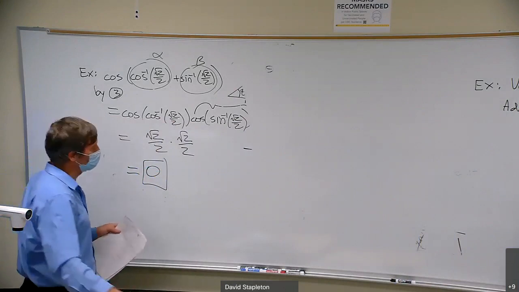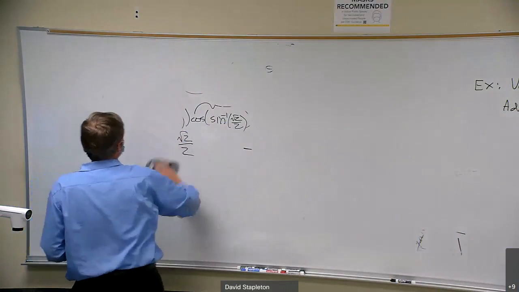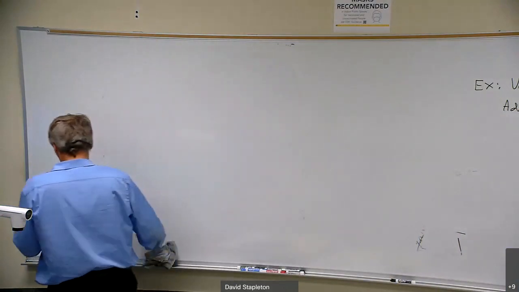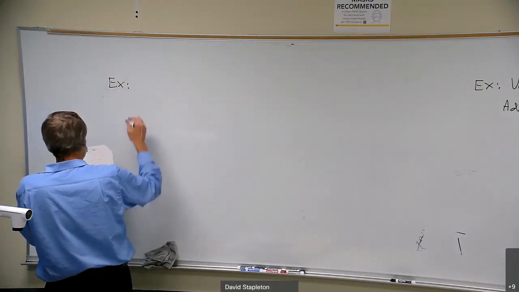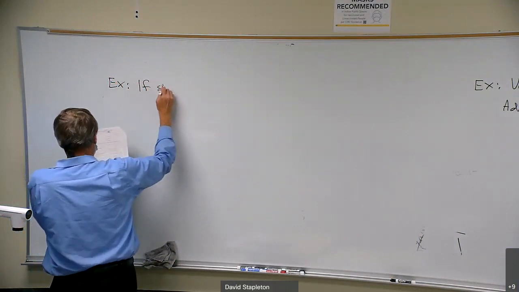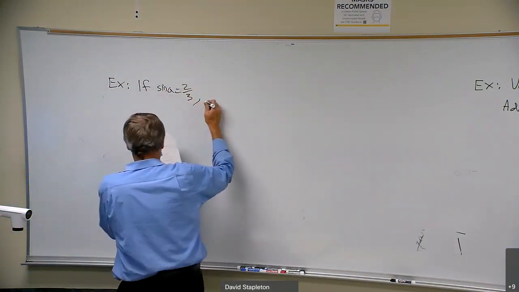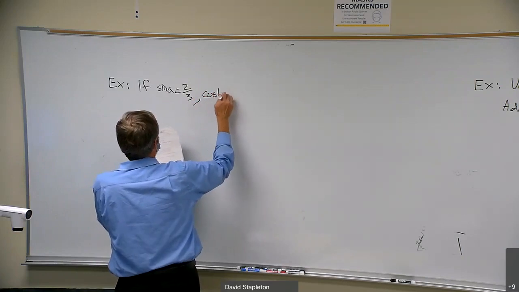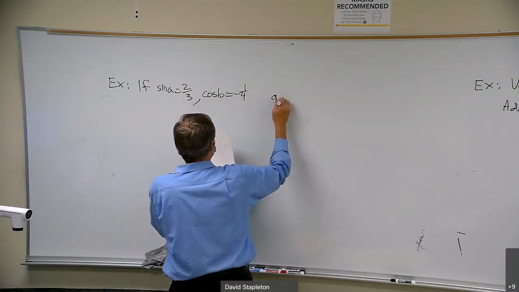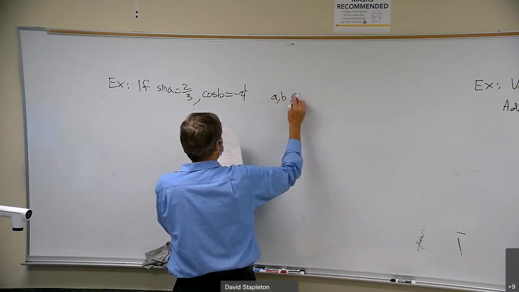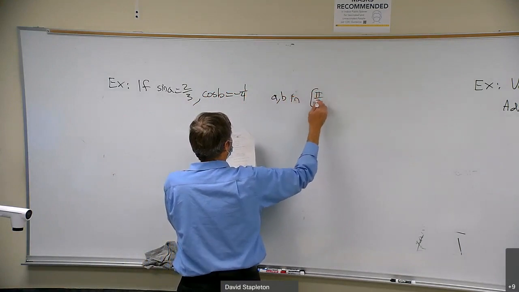Let's do one more, because there's one that we haven't done something like. I don't want to be too short on examples here. Let's do one last example. If sine of A is 2/3, cosine of B is minus 1/4, with A and B in the interval of angles [pi over 2, pi).